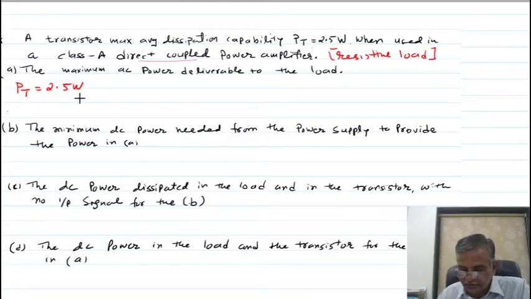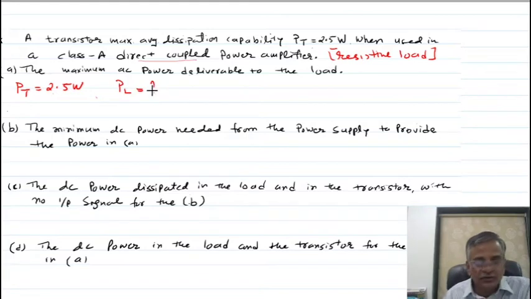Now the question: the maximum AC power delivered to the load. If PT is 2.5 watt, then what should be your PL? You know that PL is nothing but PT by 2. So maximum I can get 1.25 watt AC power.